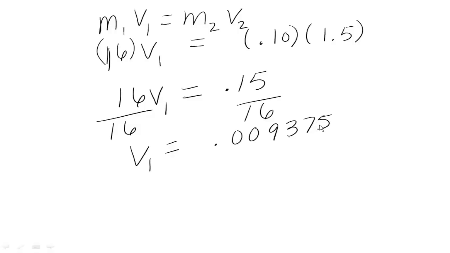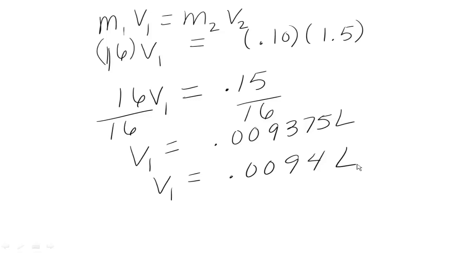This is another reason why a lot of times you work in terms of milliliters. This is liters, and look at how small a number of liters we get. That is incredibly small. Then you go back up at the top and look at all your sig figs. Everything has 2, so your volume equals 0.0094 liters.